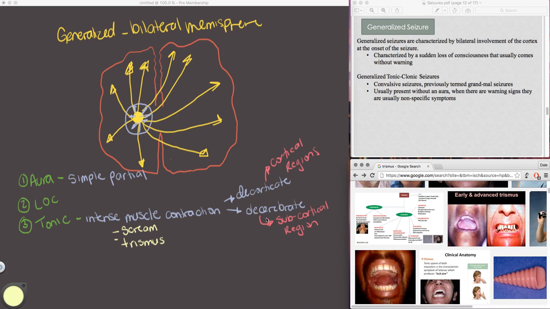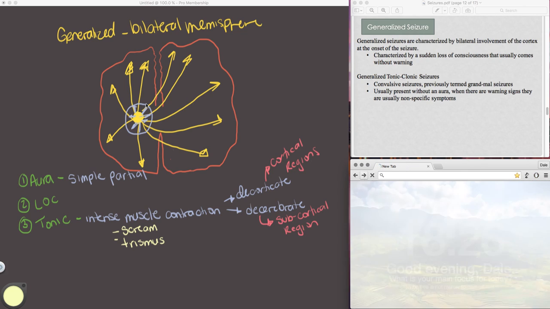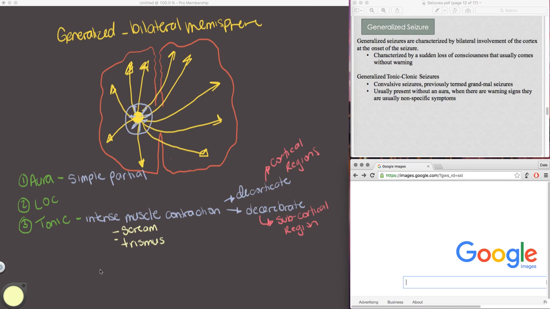Another thing we're worried about in terms of the tonic phase is when patients end up in this tonic phase for too long, the primary life threat associated with it is apnea. If you think about what's happening, we have contraction of the respiratory muscles because all of the muscles are involved.